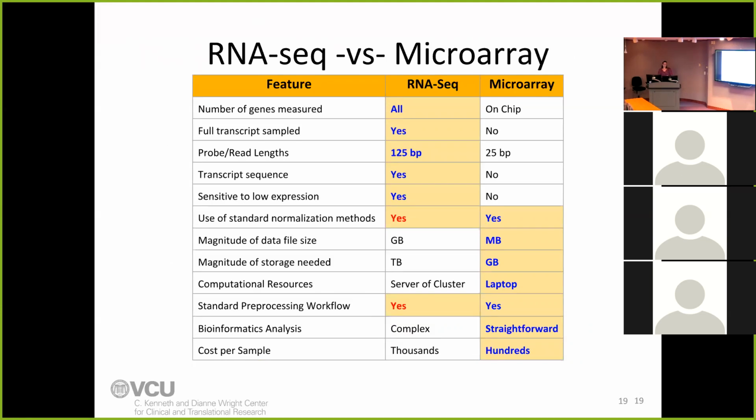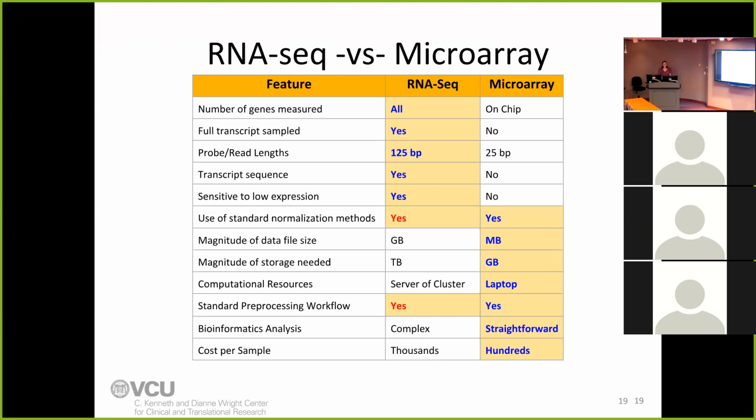And each read, which we'll learn about in a minute, is actually longer, up to 125, and technologies are even getting up to 400 or 500 base pairs that they can measure. And they're somewhat more sensitive to low expression.